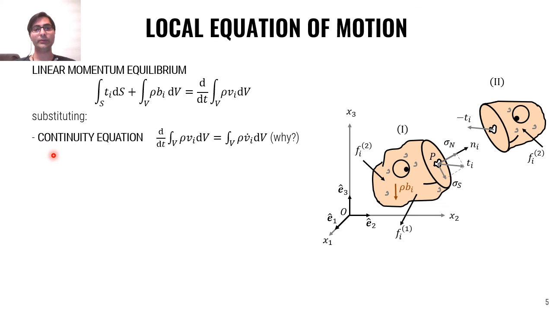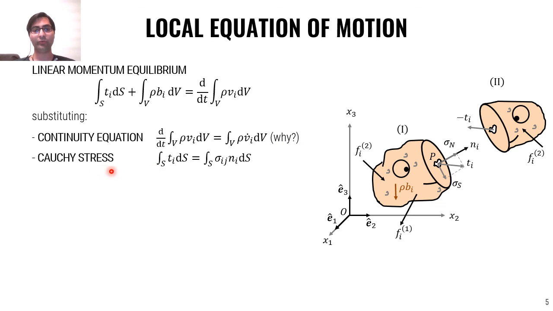And we substitute from continuity equation for d over dt of integral of rho v dv over V with integral of rho v dot dv. So it's like that. It's like rho dot doesn't appear here. We're going to see why later.